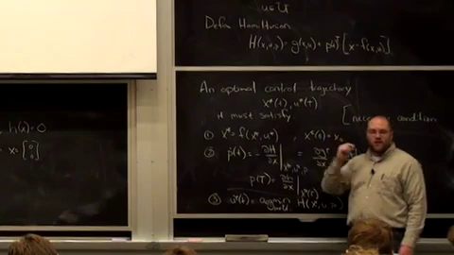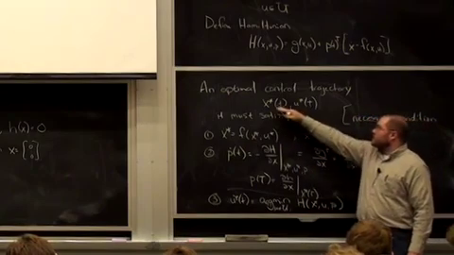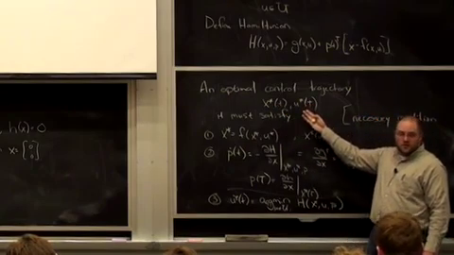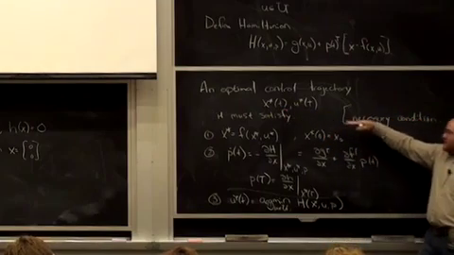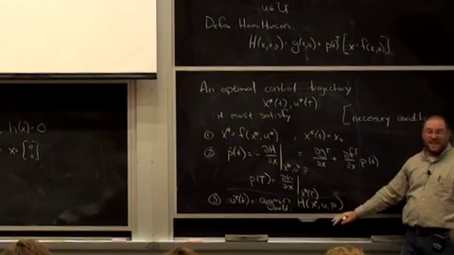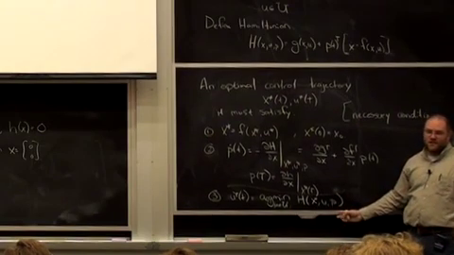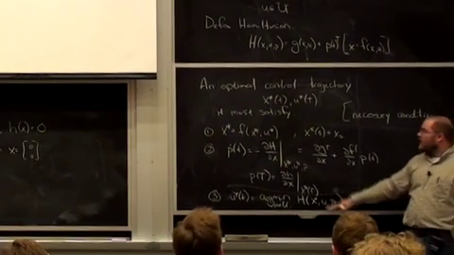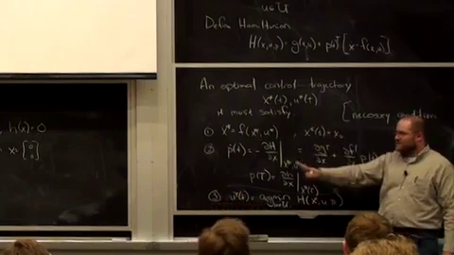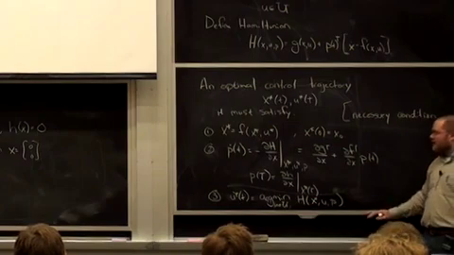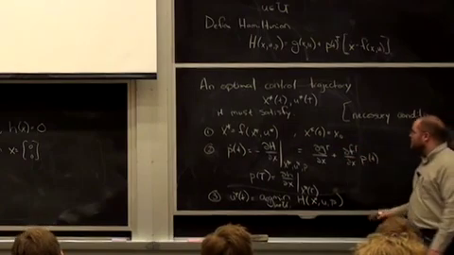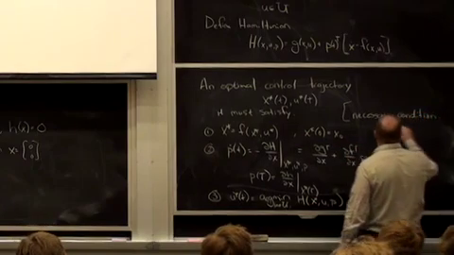If I found some optimal trajectory x star, u star, I can verify that these conditions hold, but that's actually not a sufficient condition in general. For linear dynamics that are convex in the cost function, it turns out it's okay, but in general, it's not always sufficient.